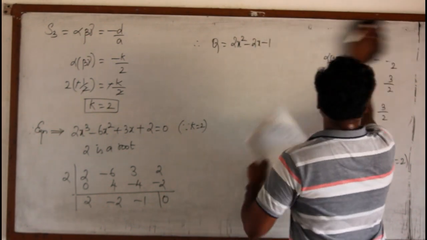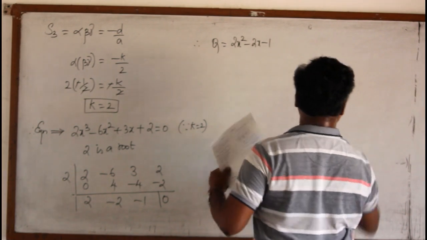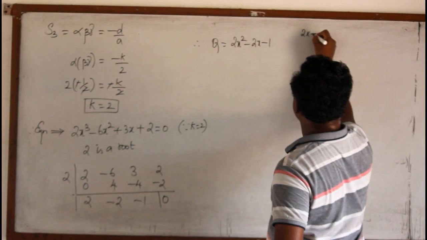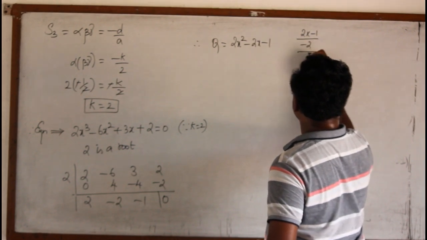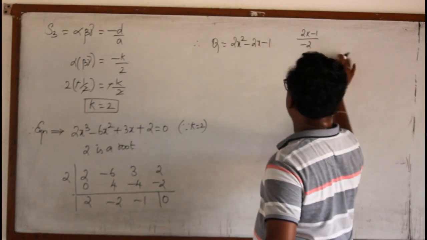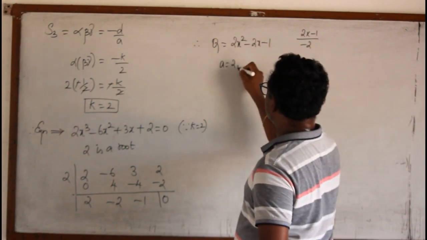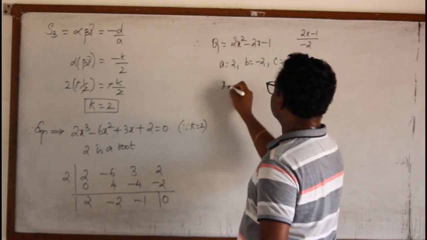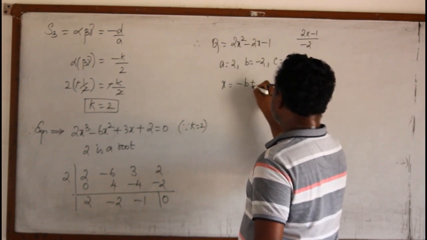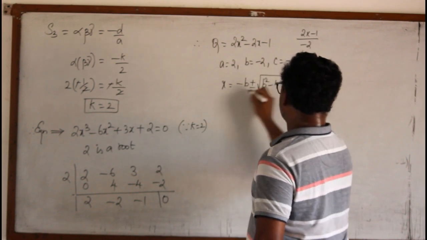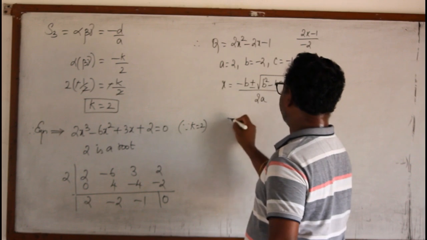If we factorize this, it's a quadratic equation. 2 into minus 1 is minus 2. I cannot factorize, therefore let me go for the formula. So A equal to 2, B equal to minus 2, C equal to minus 1. Then x equal to minus B plus or minus root of B square minus 4AC, divided by 2A.